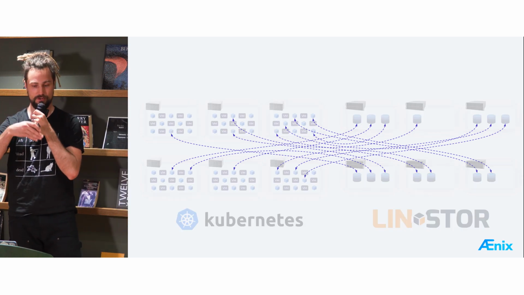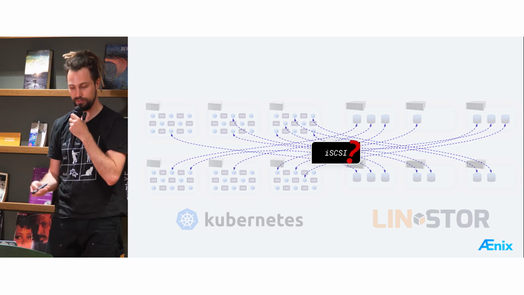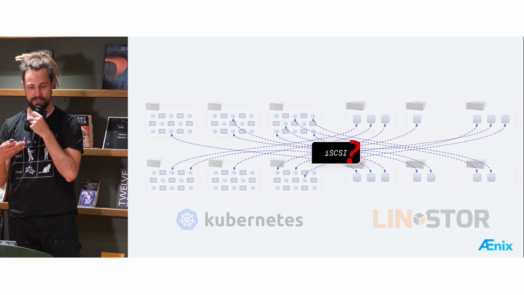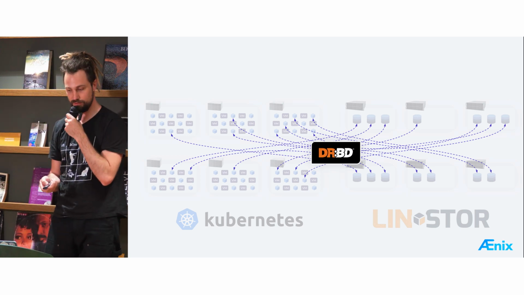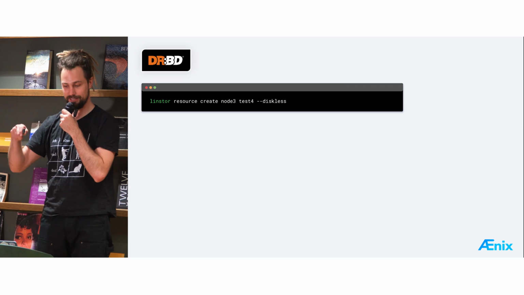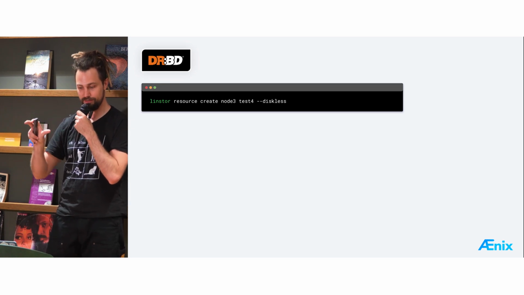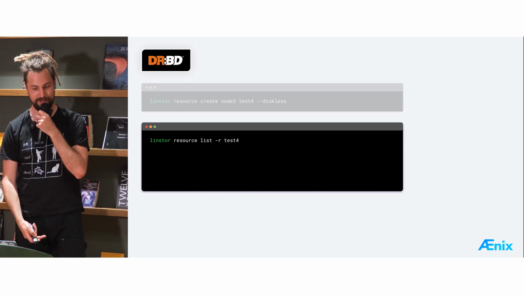You can also even go deeper, and you can operate with resources of LINSTOR manually. So here we will do everything manually. We create resource definition, then we assign it to a resource group, then create volume definition, then create the first resource manually, then create the second one, and it will automatically append the third one.